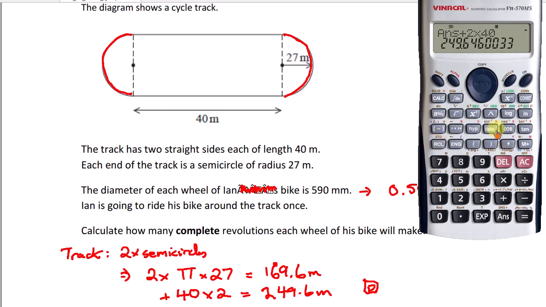Store to memory D. It's in D at the moment. I have to do the calculation again. 2 times, I accidentally got the answer button come in when I wasn't expecting it, times 27 plus 2 times 40. And store that in memory D.